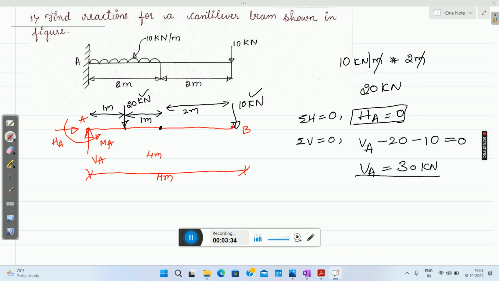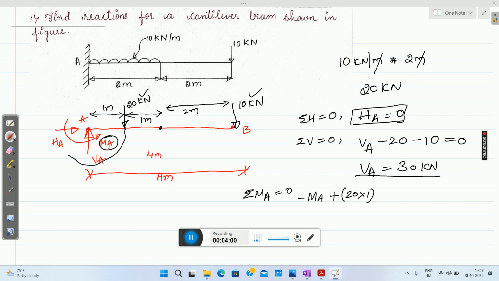Next apply the condition, sigma MA equals 0. So here you have a moment MA which is rotating in anti-clockwise direction. So minus MA. This 20 kilonewton will rotate in clockwise direction, 20 into 1. So clockwise moment plus 20 into 1.